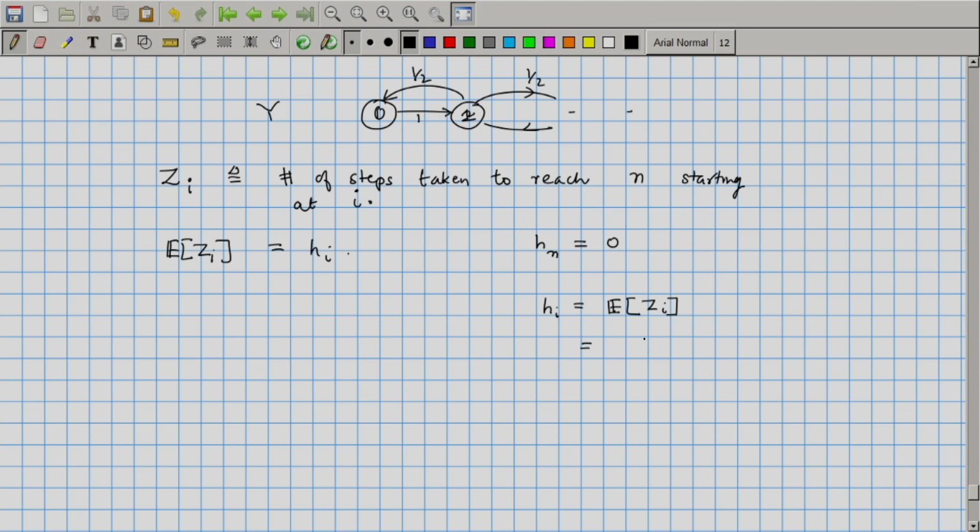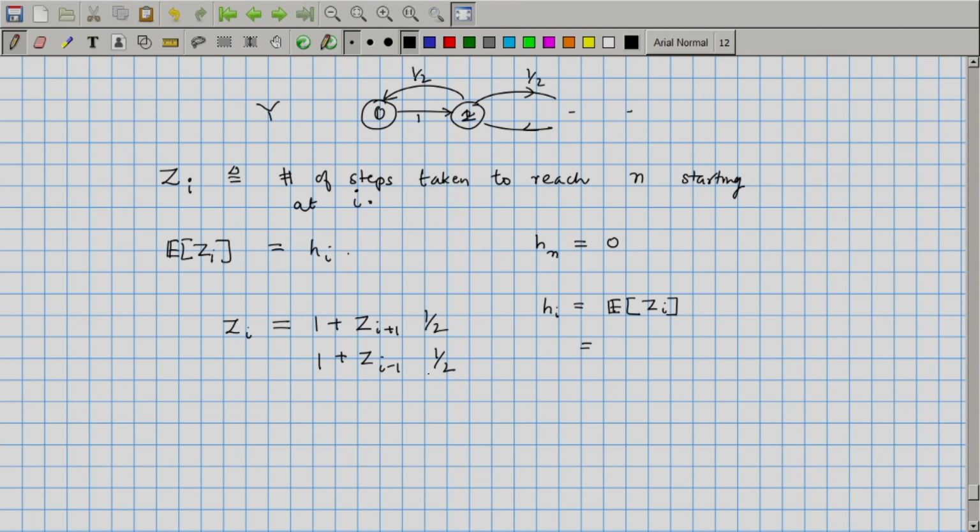So, Zi could be equal to 1 plus Zi plus 1 with probability half, and 1 plus Zi minus 1 with probability half. Zi denotes the number of steps taken from the state i.